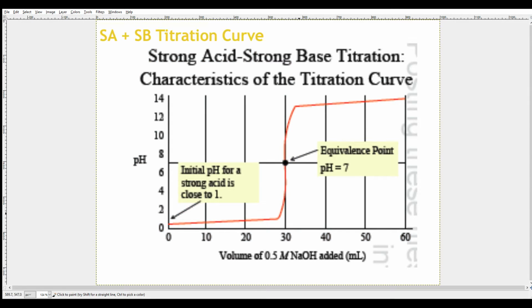The initial pH for a strong acid is close to 1. The further it is from that, the weaker it is. Then you keep adding your titrant until eventually it reaches the equivalence point, which is a pH of 7 when you have a strong substance mixed with another strong substance.